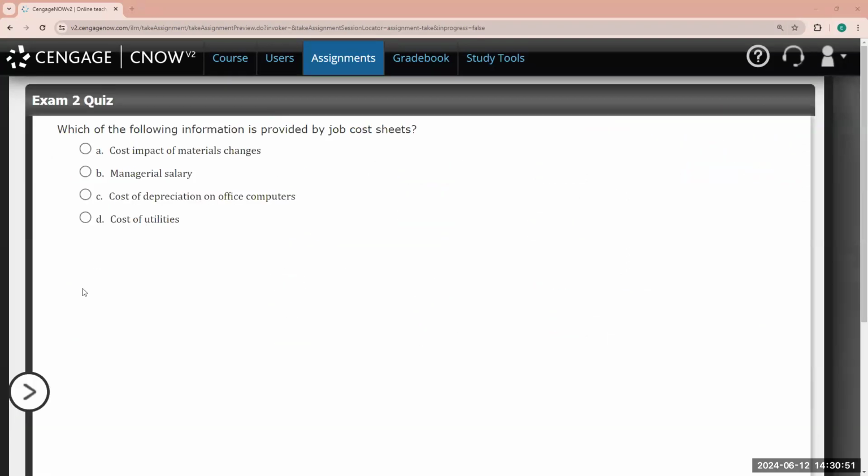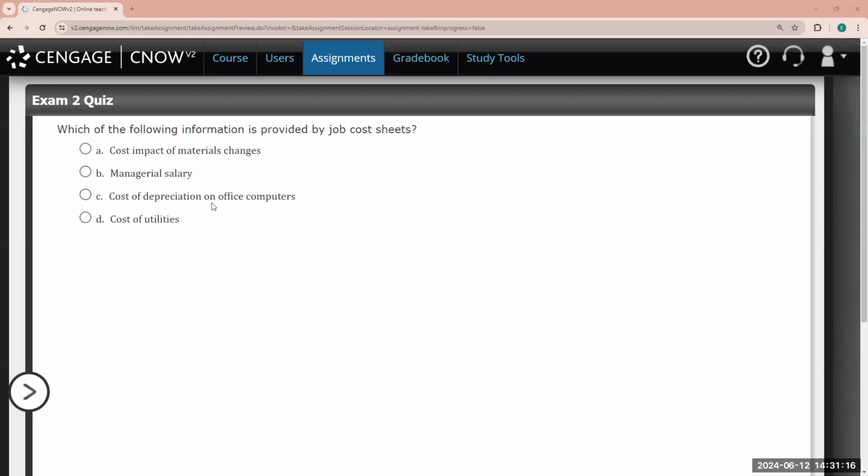All right, so this brings us to the next question. Which of the following information is provided by job cost sheets? With our job cost sheet, one of the main things it lets us know is how much our direct materials, our direct labor, and our factory overhead are for a specific job. With these job cost sheets, we don't know the manager's salary.